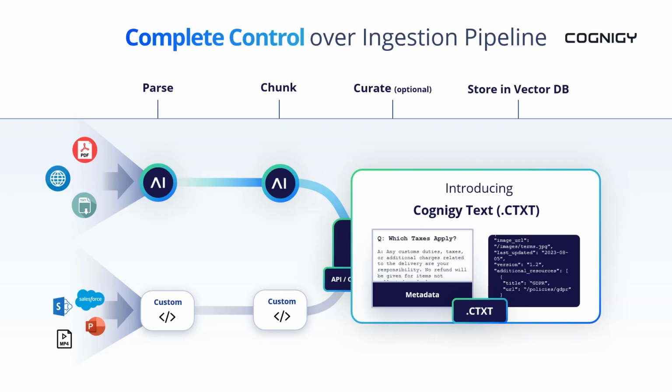So as long as you can parse to that Cognigy ctxt format, which you will be able to, because it's a very simple format, you can essentially send anything you want to Cognigy Knowledge AI, and we'll take care of hosting and vectorizing it, so generating the embeddings and making it part of your Cognigy experience.